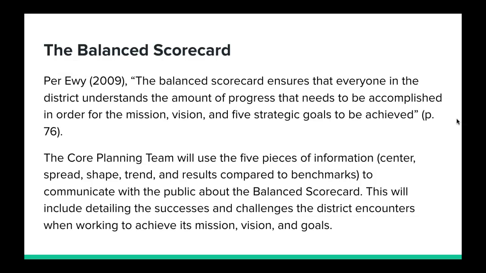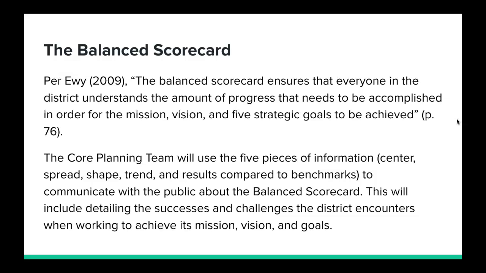You've got your student learning goals, and then your strategies, your strategy map. So the core planning team will use those 5 pieces of information that we talked about earlier. You have your center, spread, shape, trend, and results, and compare to benchmarks to communicate with the public about the balanced scorecard.